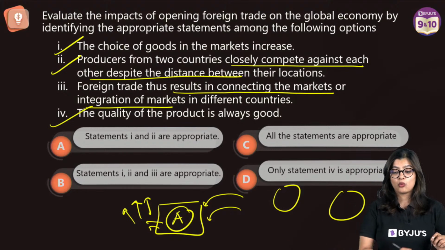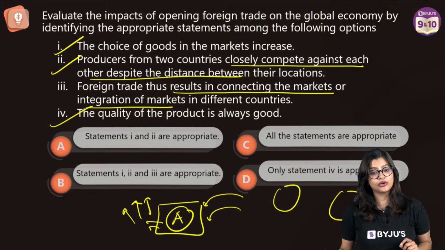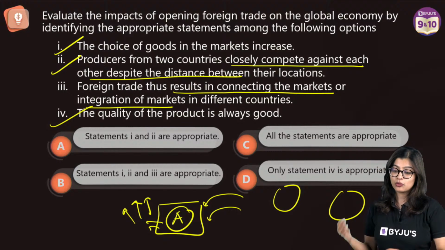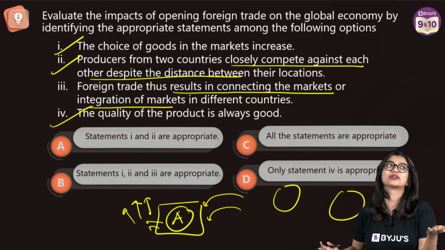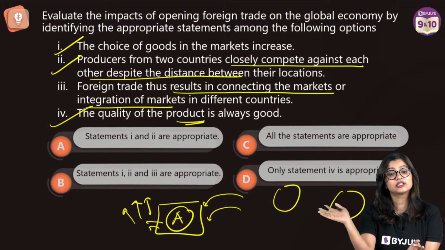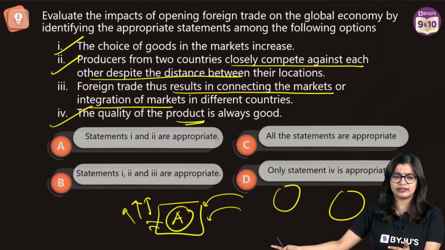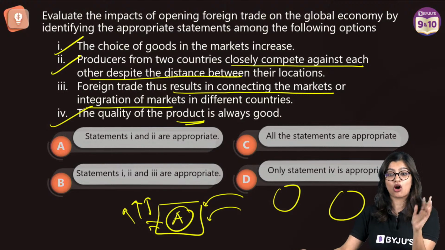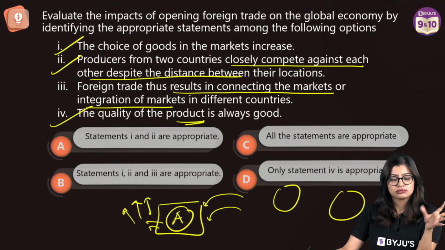But now, will the quality of the product always be good? Yes or no? Quality of product, right? Will it always be good? Can you say that whatever I import from whichever country is always going to be good, or whatever I manufacture in my country will be perfect, there will be no issues?